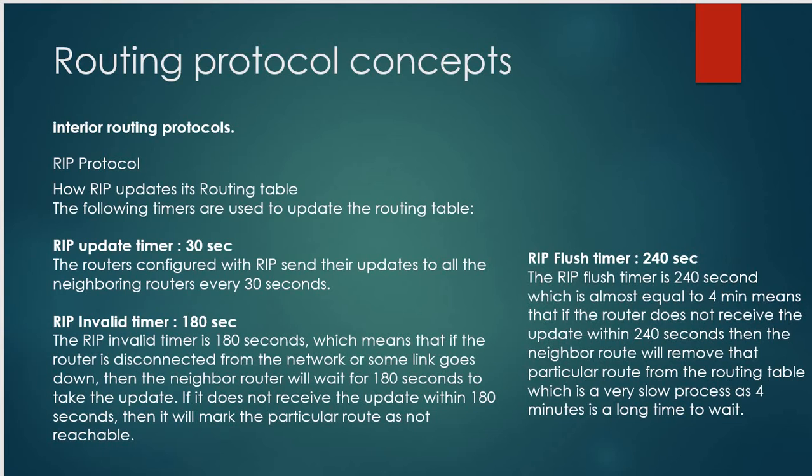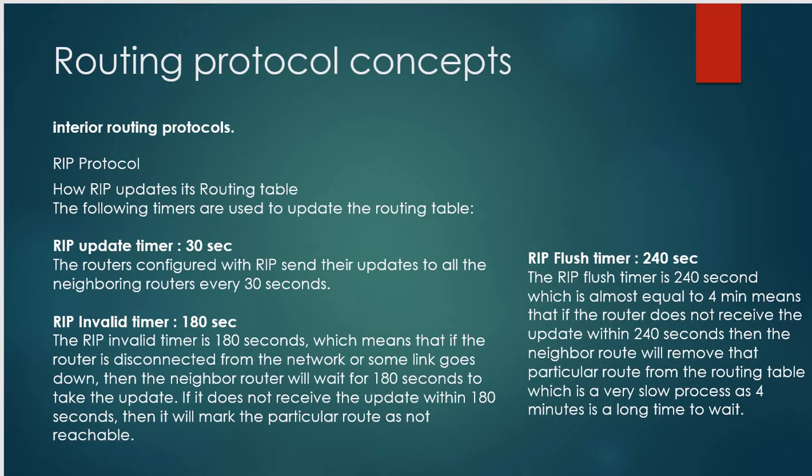So RIP sends its updates to all the neighbor routers every 30 seconds. That's very clear. Each and every router sends back and forth its routing tables.